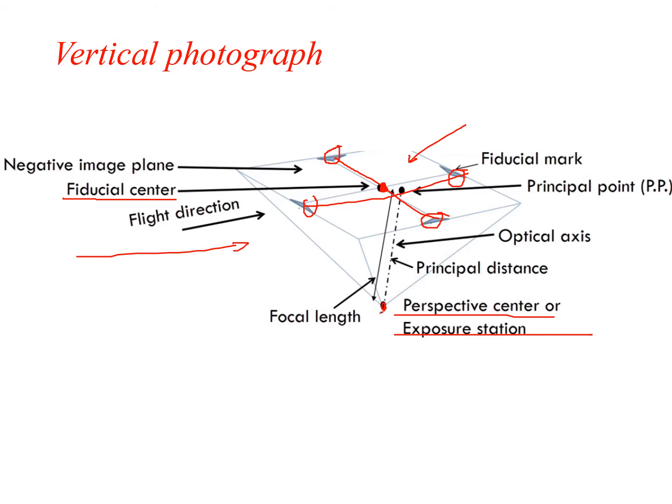Now after having this, you can see there is a point called the principal point. What is the principal point? Suppose the aircraft is moving and capturing the photographs, and there are no errors. But that really doesn't exist. There are some random errors that do exist. Now this point will not match with this point.